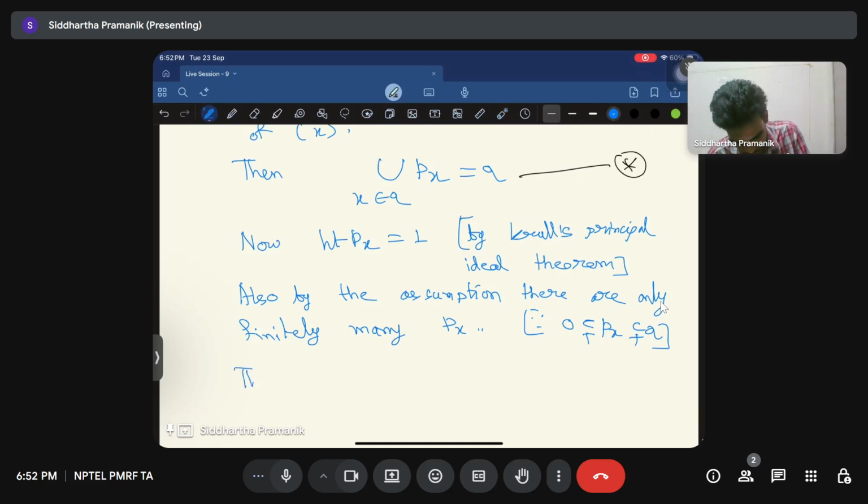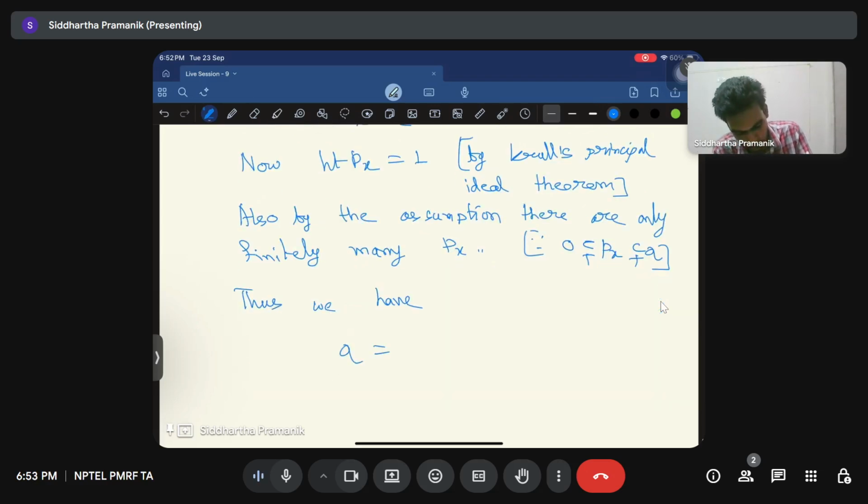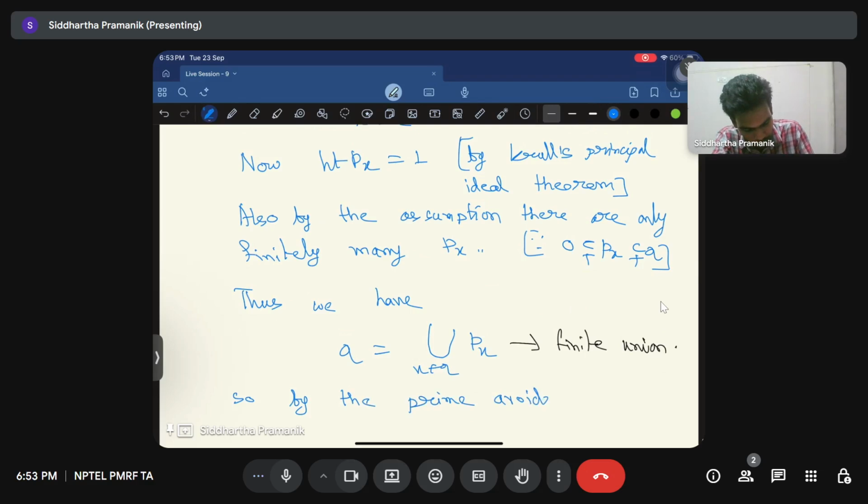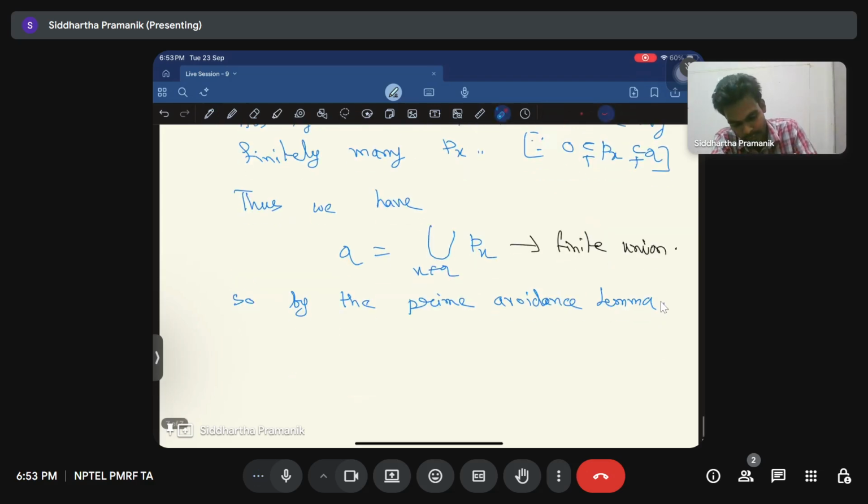So thus we have Q equals the union of, let's say, Px, x belongs to Q, and this is a finite union. So now we can use the prime avoidance lemma. By the prime avoidance lemma, Q is equal to this union means Q is a subset of this union of primes.